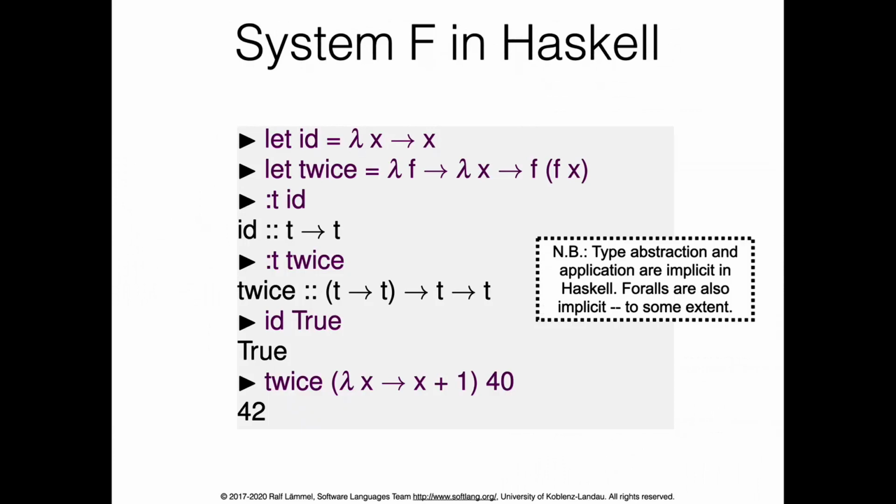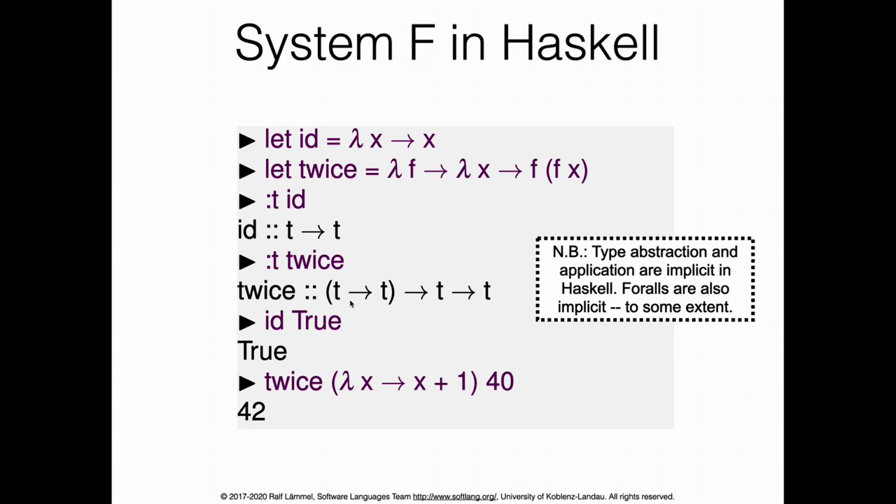So it's actually interesting to see how System F comes along in a language like Haskell. I will be pretty superficial here, but just to give you an idea, I mean, Haskell, of course, supports polymorphic functions. It essentially supports some variation on System F, but it also provides some conveniences, as we see here.